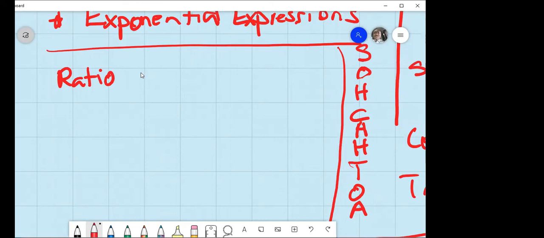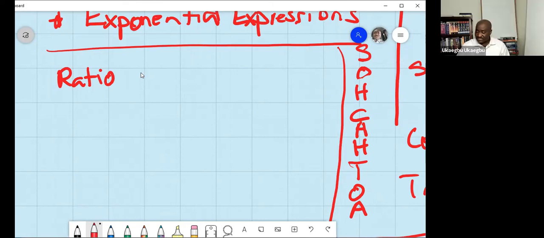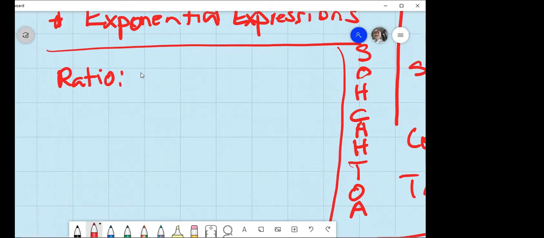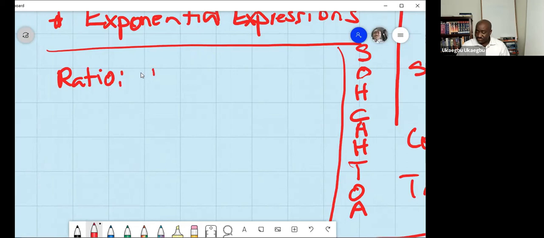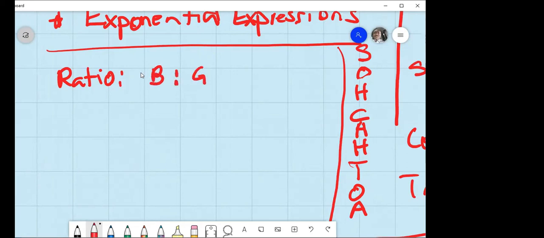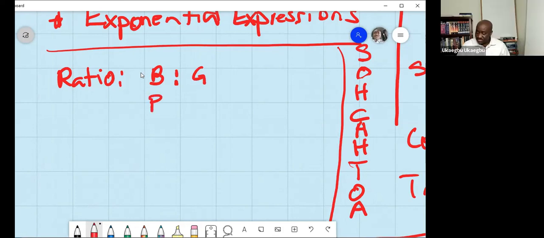With the 2 dots. Yes, you can write boys to girls. You can write it as a fraction. You can write B over G. You can also write it B to G.